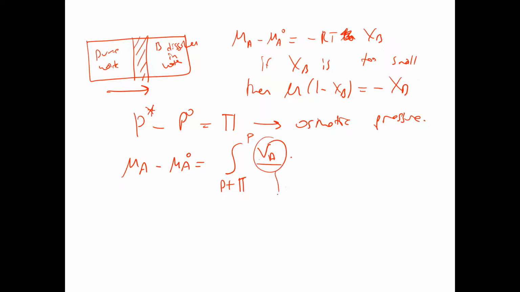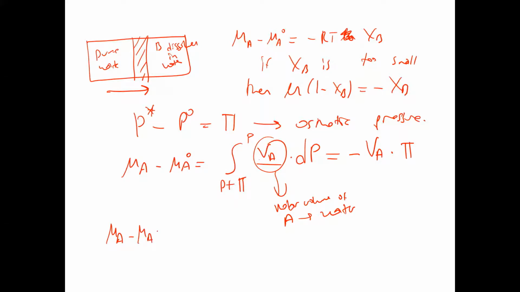dP, where VA is the molar volume of A. In this present example, this is water. This equals minus VA, molar volume of A, times pi. So mu A, the difference in chemical potential, arises because one side is pure water and the other side is impure water.